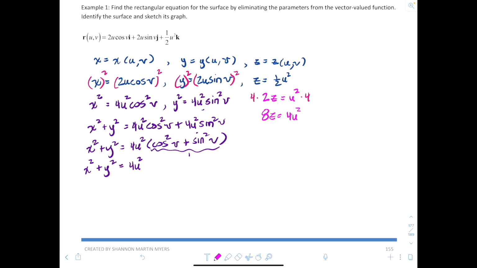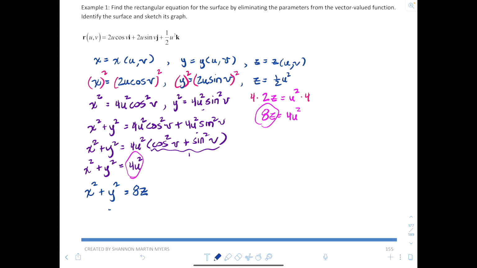Cool so far? So now, putting that in here, I'll end up getting x squared plus y squared is equal to 8z.